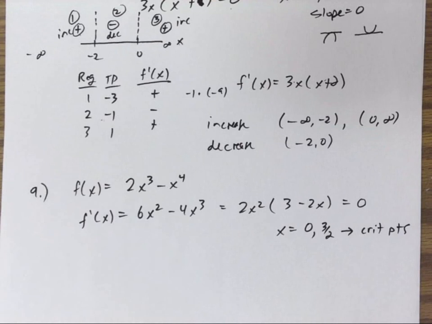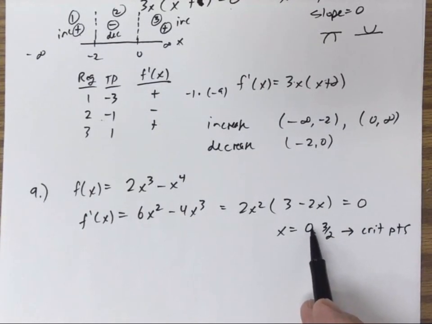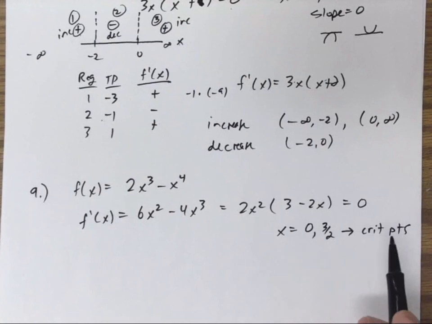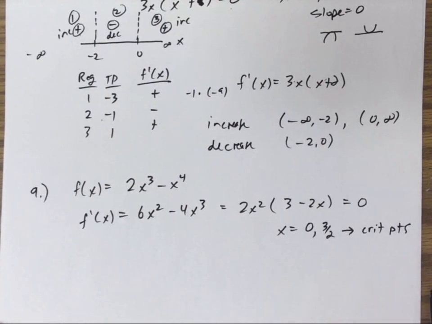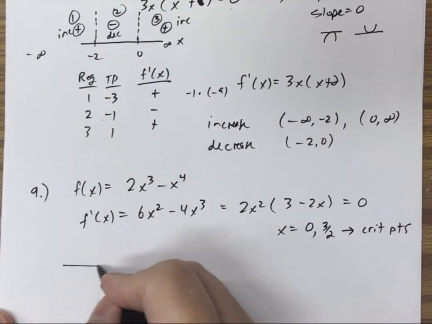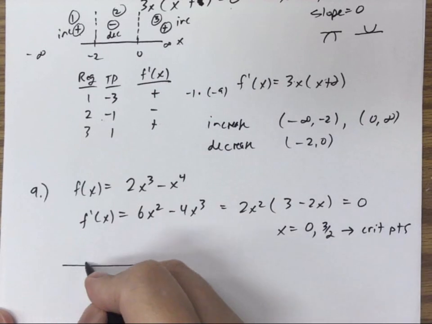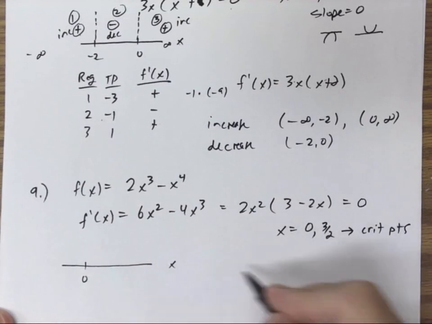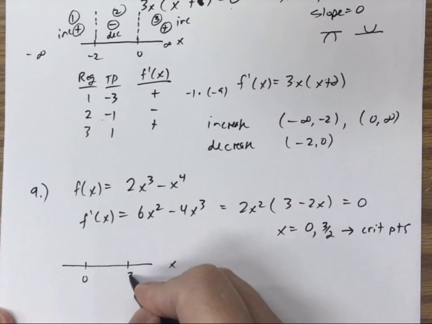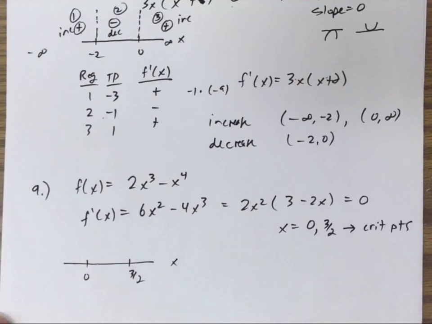In this case, those are the points that are going to divide up into regions, because these are points where the first derivative can change from positive to negative, negative to positive, or it could stay the same. But the only way to know for sure what's going on is to do our little chart.